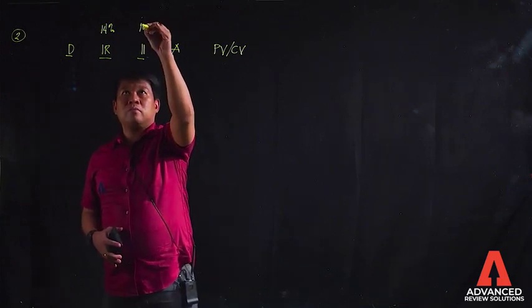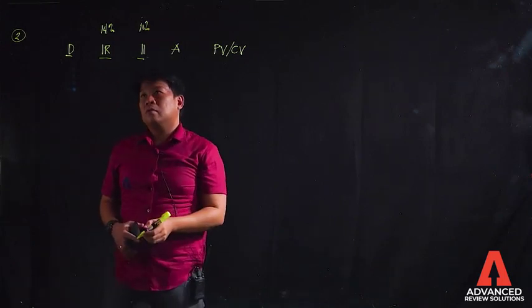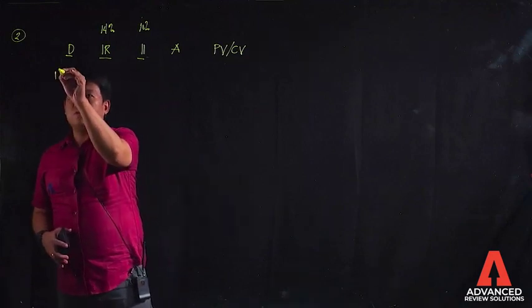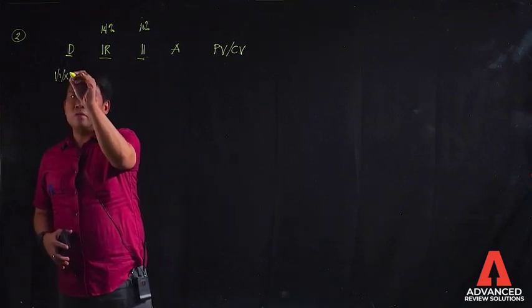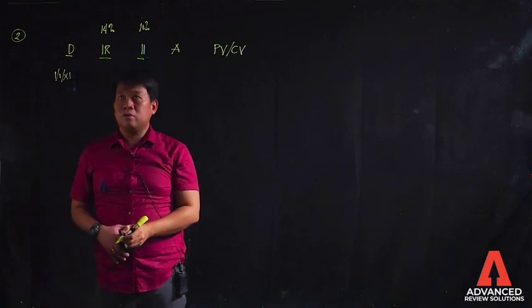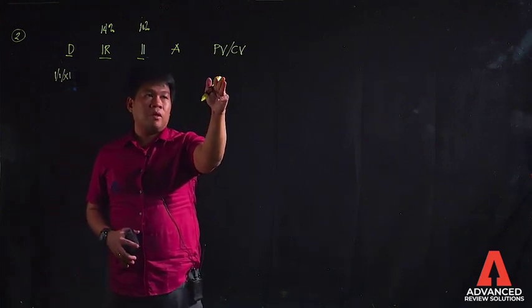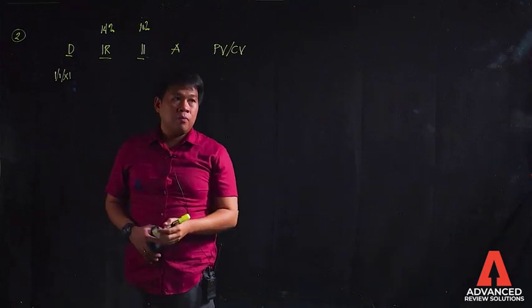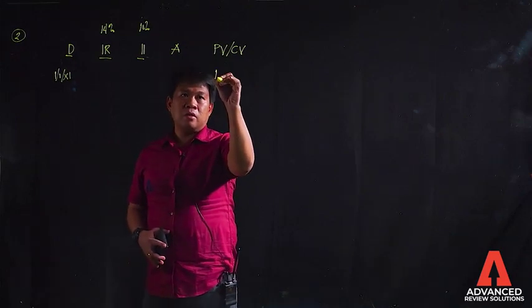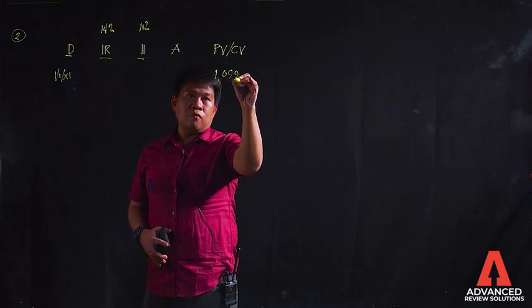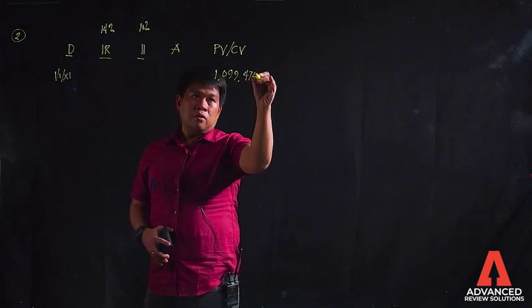So, January 1, 20X1, this is the date of transaction, and this is investment in bonds that should be measured initially at present value. So, the present value of the bonds here is 1,099,474. Okay?